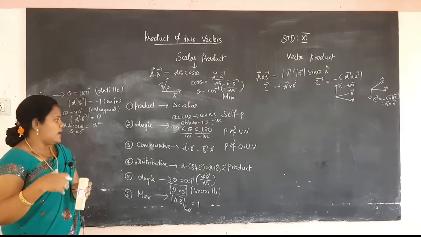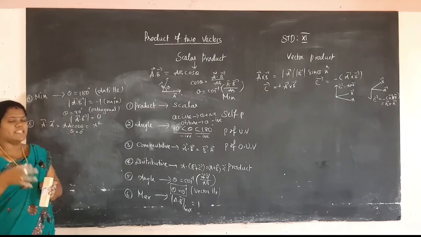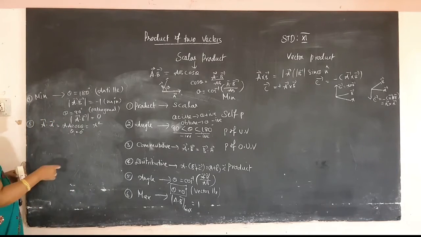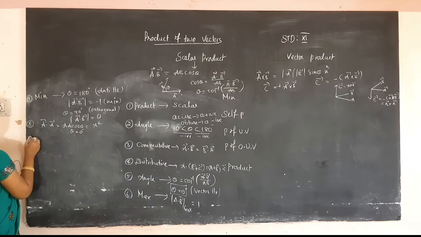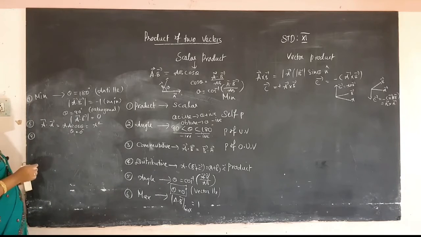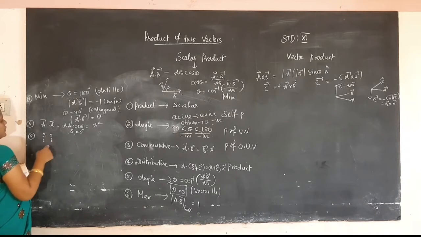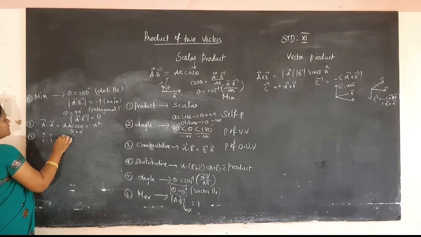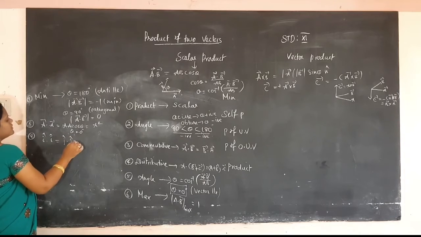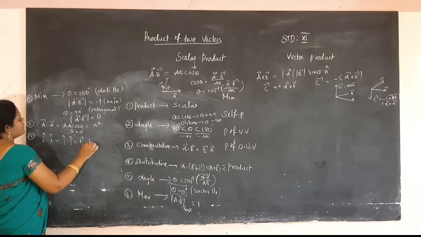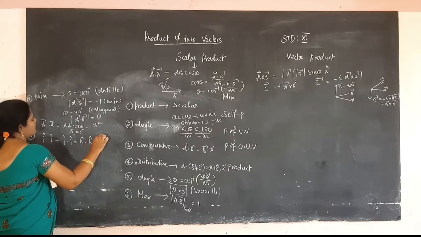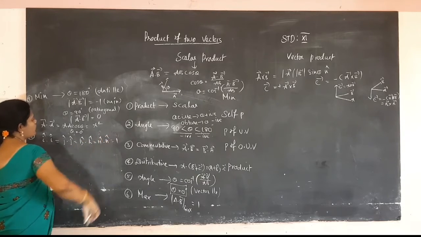Multiplying a vector by the same vector is the self product. Okay, then the next one is product of unit vectors. What is the meaning of product of unit vectors? I vector dot I vector is equal to j vector dot j vector is equal to k vector dot k vector is equal to n vector dot n vector, and it will be equal to 1.